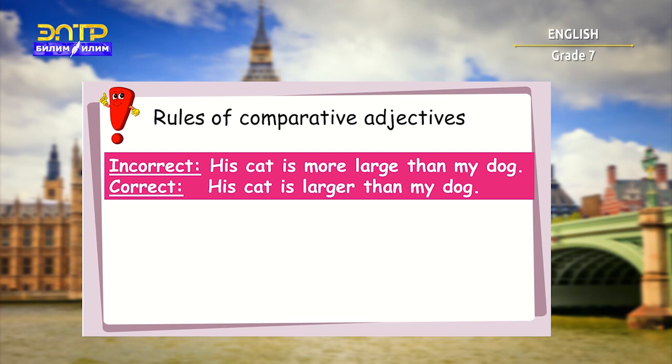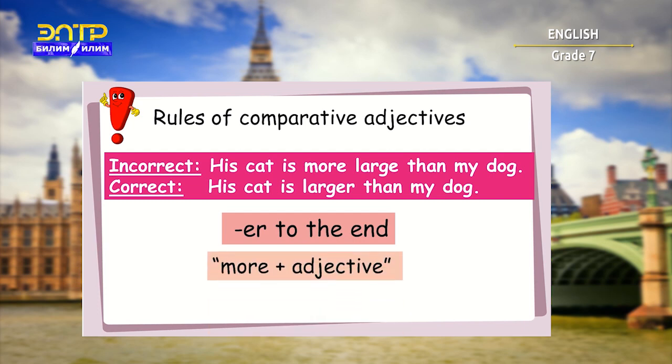There are a few rules that can explain this. For adjectives that are just one syllable, add er to the end. This explains the above example. For 2-syllable adjectives not ending in y, and for all adjectives of 3 or more syllables, use the form more plus adjective.